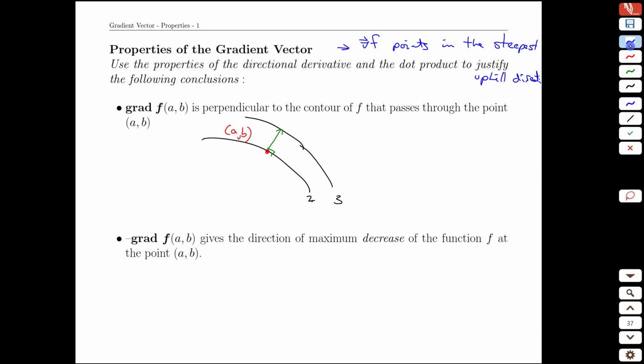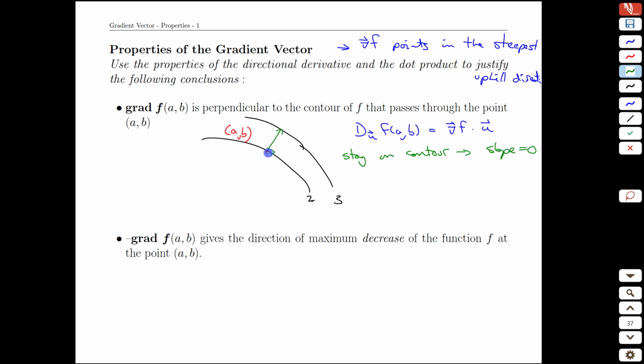But even better, we can validate that through a calculation. If we think of our directional derivative again, which is equal to the gradient vector dotted with the direction of travel, if we stay on the contour, then what we get is a slope of 0.